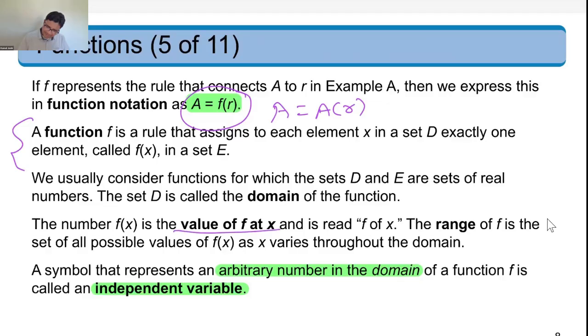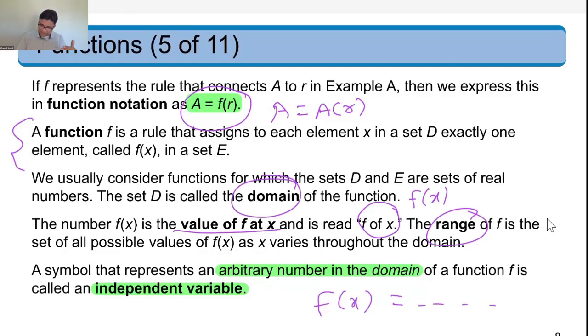The value of f at x is read as f of x and denoted like this, f of x, okay. And there are two things about a function. One is domain, which is the set of input values. One is range, the set of output values, okay. And when you write a function like a formula f of x equals something, that x there represents an input value.